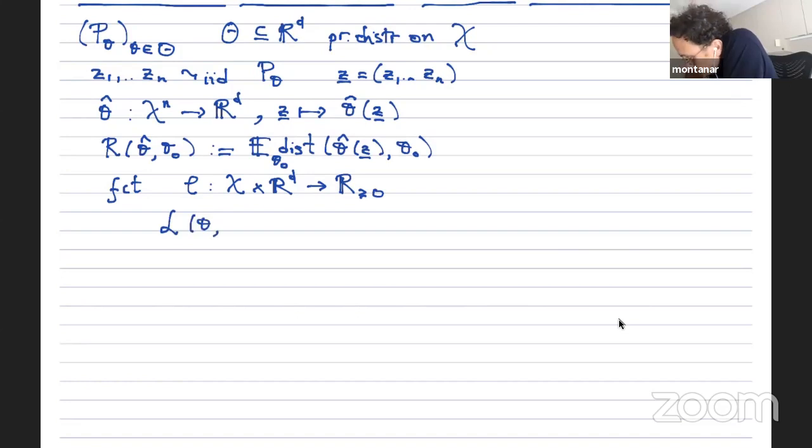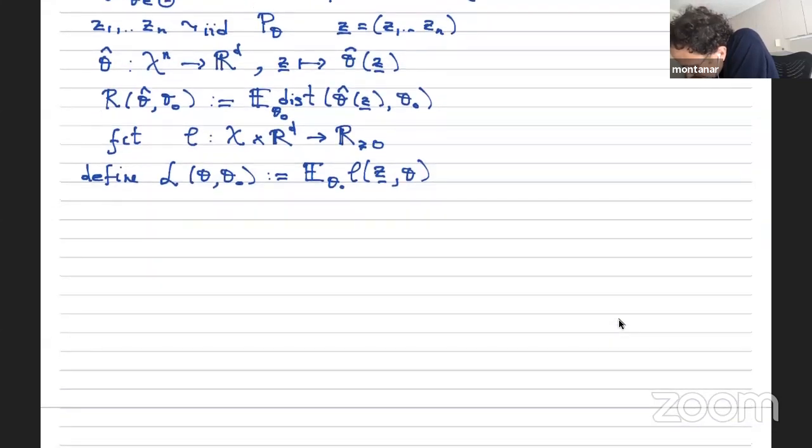You want to construct this function such that if you define the expected loss, script L of theta, as the expectation under theta 0 of L of Z and theta, then theta 0 is the argmin of script L with respect to theta.